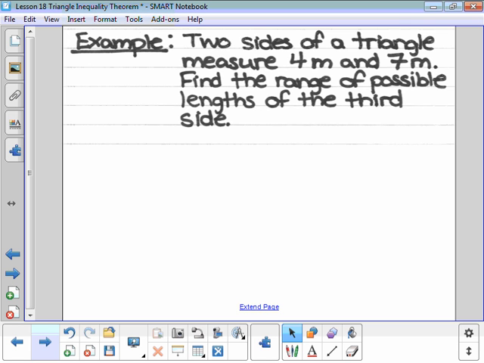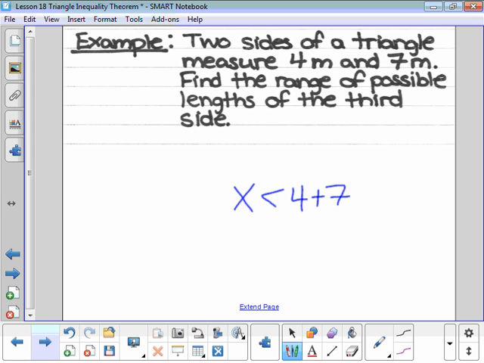So go ahead here and find the range of possible third side lengths if you know that two sides are 4 meters and 7 meters. So I'll use x again. X is my third side length. It needs to be smaller than some number, and that's my two sides added together.